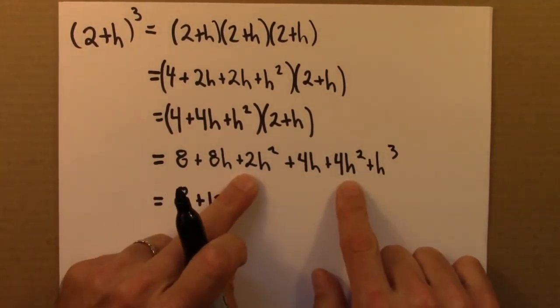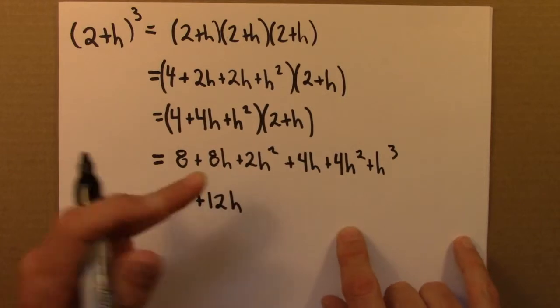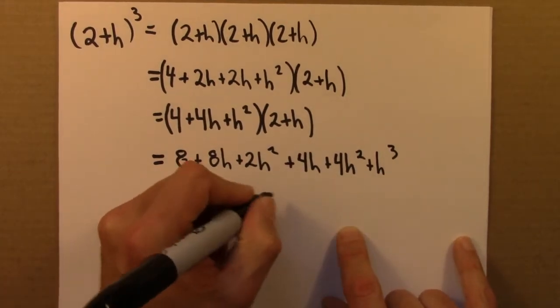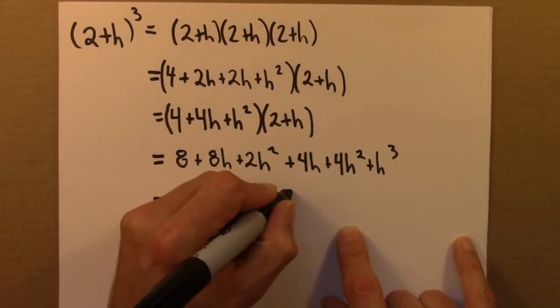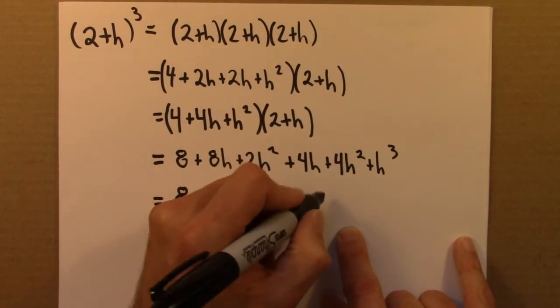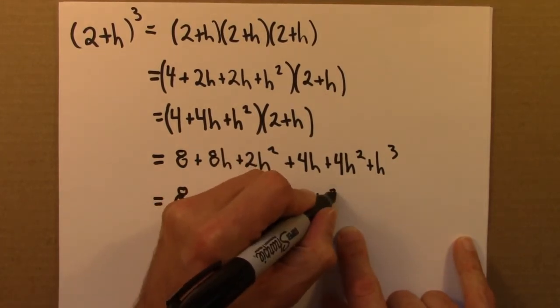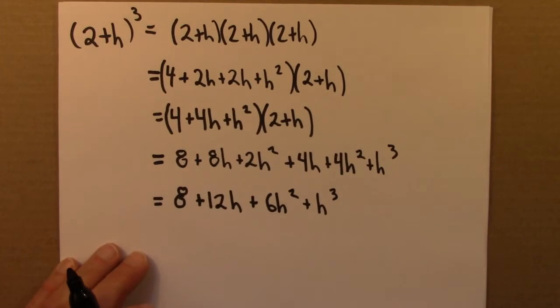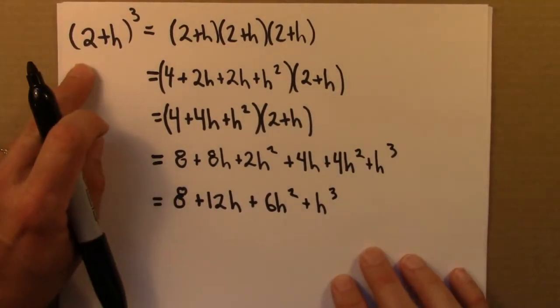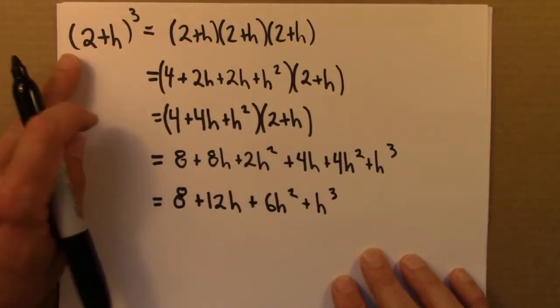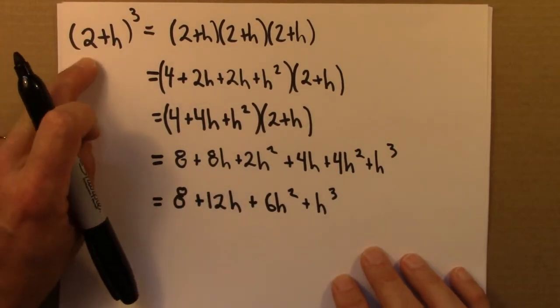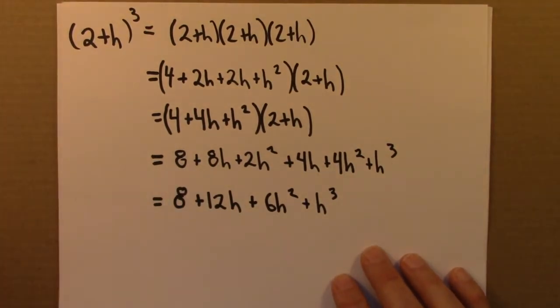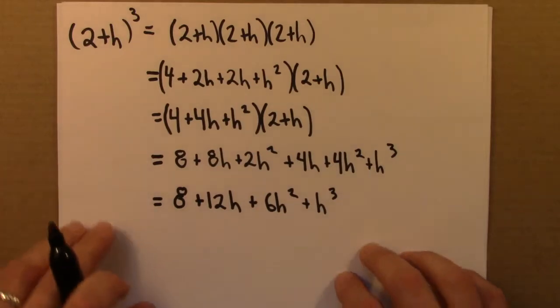Then I've got a 2 and a 4, h squared. So that's 6h squared plus h cubed. So we're done with the hard part, which is cubing out this expression. So now I'm going to take this expression, put it back into the definition for the derivative.